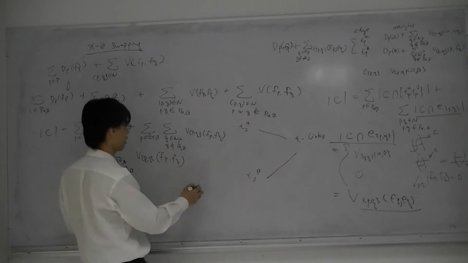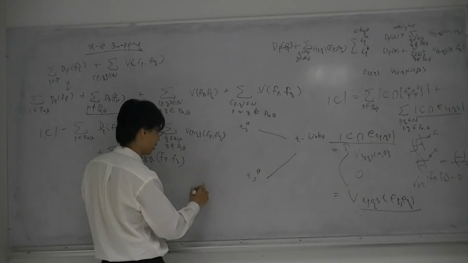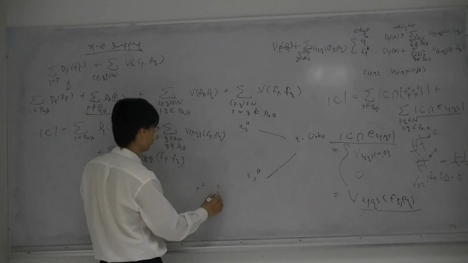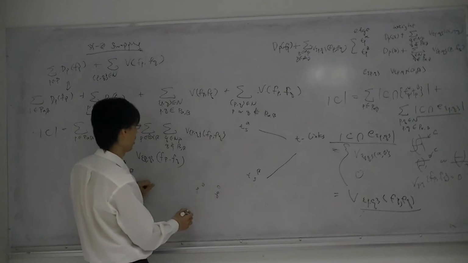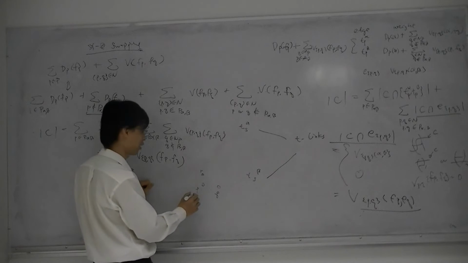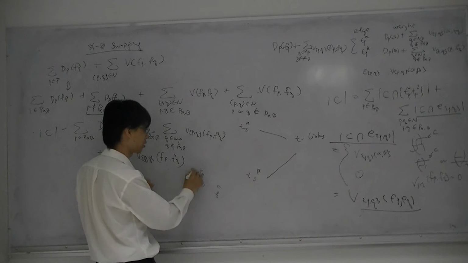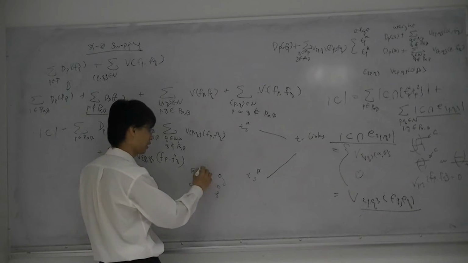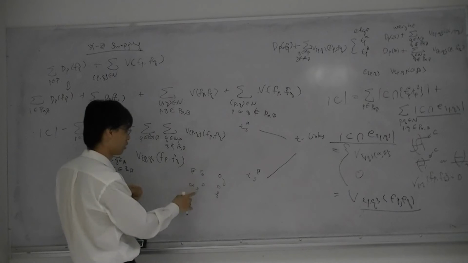For example, let's say you have a P here, a Q here, and an R here. Let's say this is originally alpha, that's originally beta, and this is originally gamma. That's outside, you have a pixel here.